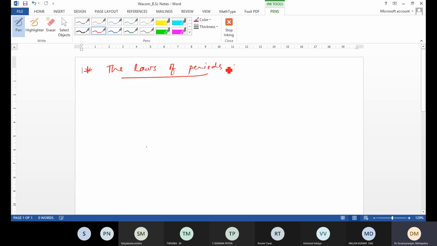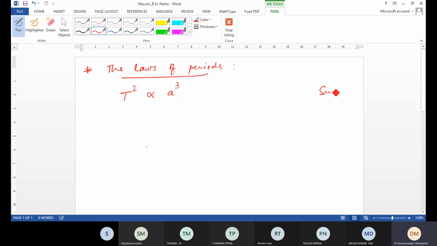The square of the time period of revolution of a planet around the sun is directly proportional to the cube of the semi-major axis of the ellipse. That means T square is proportional to a cube. T is the time period of revolution of a planet around the sun.